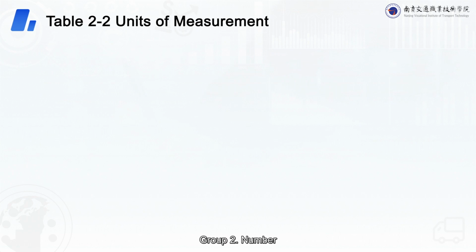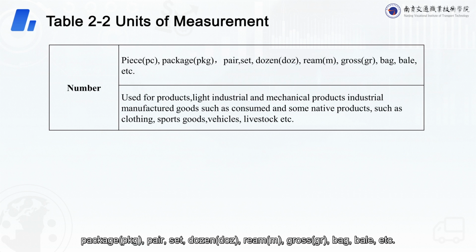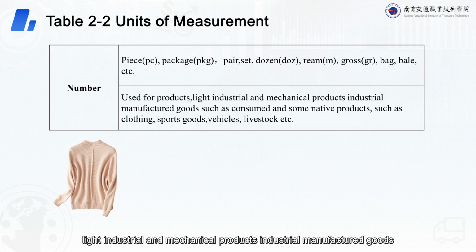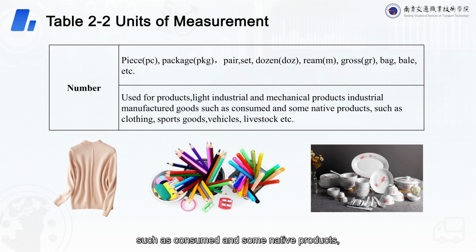Group 2, number. If trade in quantity, the units in common use are piece, package, pair, set, dozen, ream, gross, bag, bale, etc. For light industrial and mechanical products, industrial manufactured goods, such as consumer goods and some native products, such as clothing, sports goods, vehicles, livestock, etc.